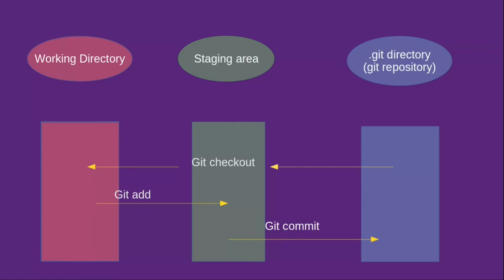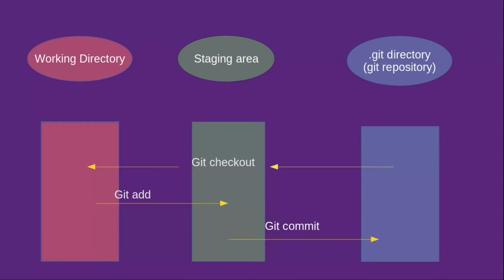After that, with the git add command, we push our files or directories under the working directory to what is called the staging area. From there, with the git commit command, we push from the staging area to the Git repository, the .git repository.